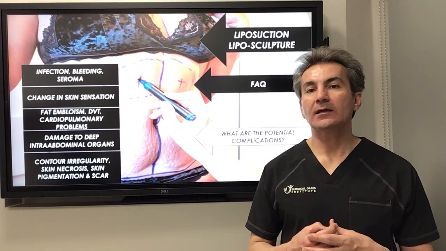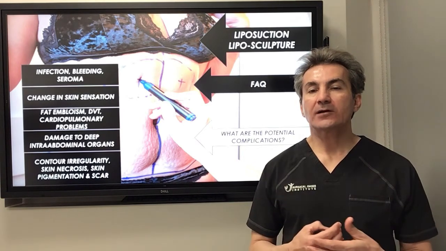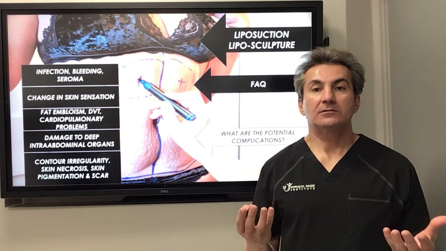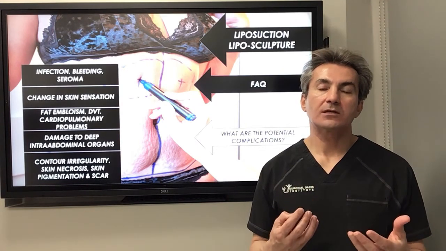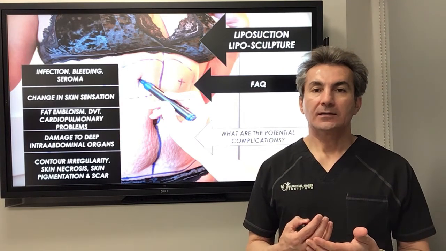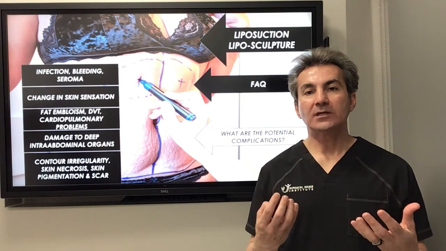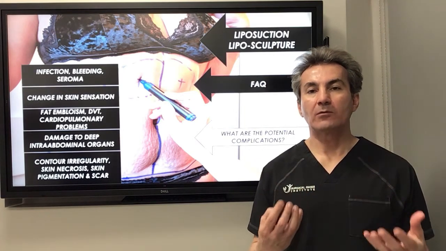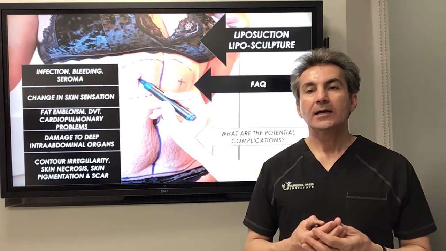And so again, the procedure is not just sucking the fat, it is actually giving the patient a desirable shape and contour, and so it requires a very deep understanding of anatomy and the shape of the abdominal muscles, whether in the front, side, or back.